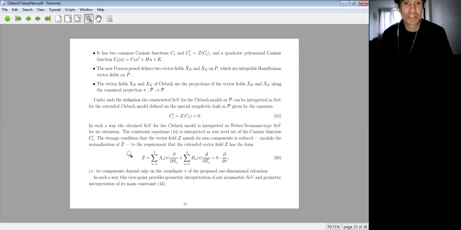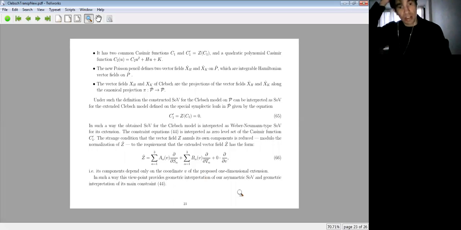And our strange condition that the vector field zeta annuls its own components is reduced, modulo the normalization of the vector field zeta hat, to the requirement that the extended vector field zeta hat has the simple form 66, with components depending only on the coordinate V living in the extension.